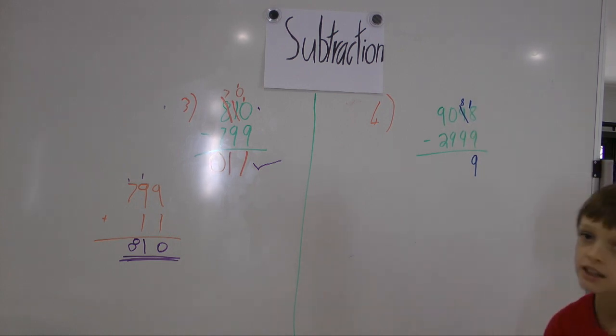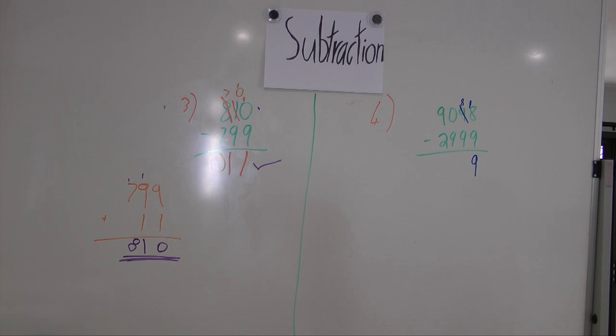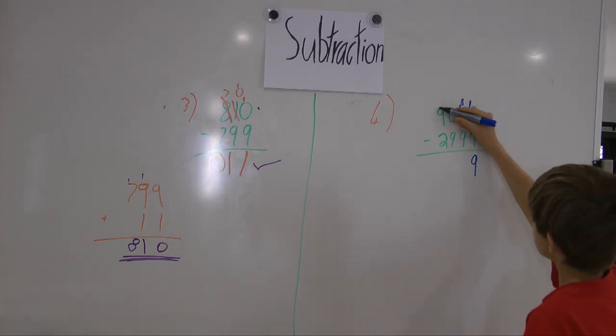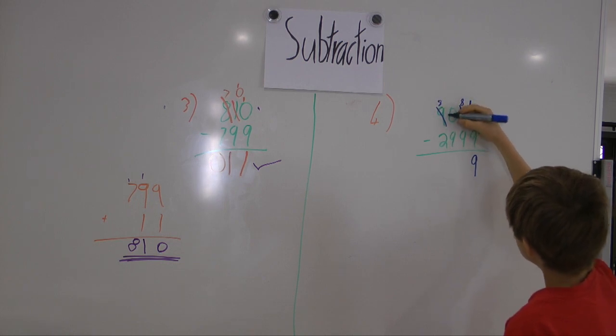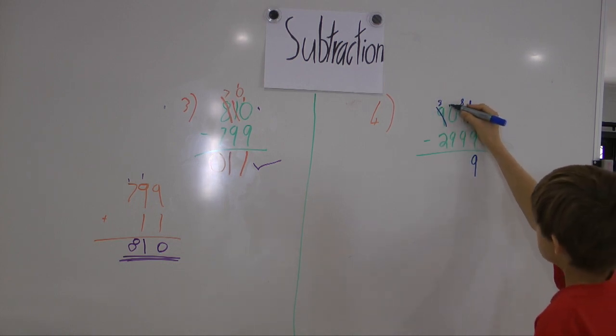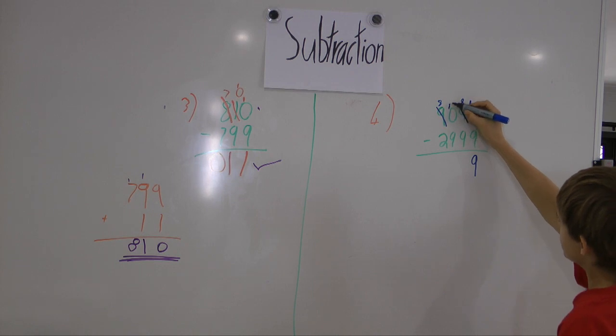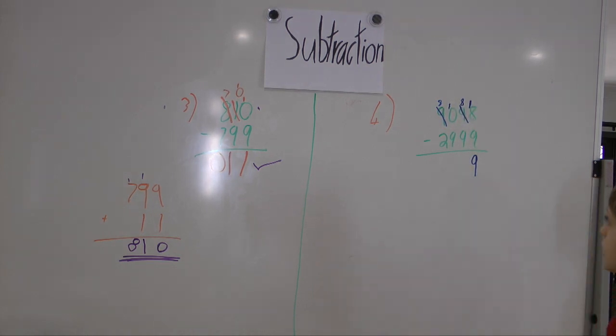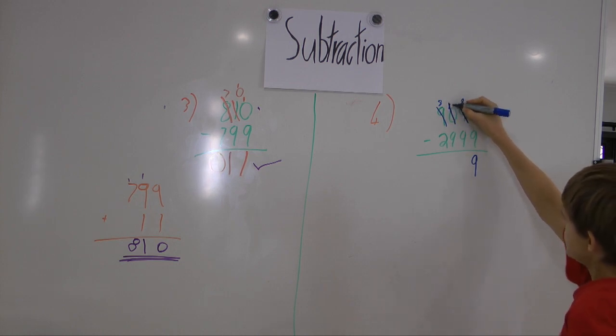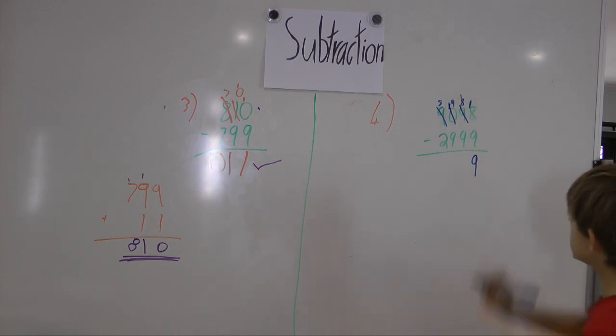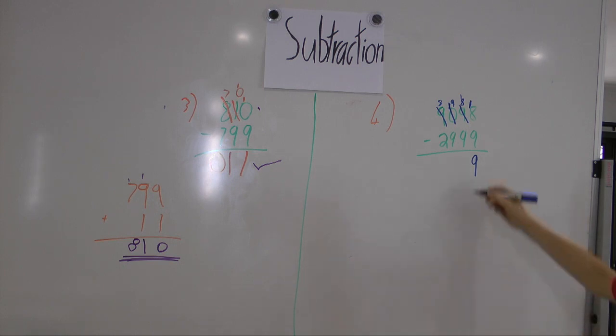And now you can't carry anything from 0 to the 8. So you have to go to the next column. Now it's no longer 9, you have to make that 8 and make the 0 now 10, but you still can't minus 8 from 9. So you cross out 10, leaving the 9. Now it's 18 minus 9, it's 9 once again.